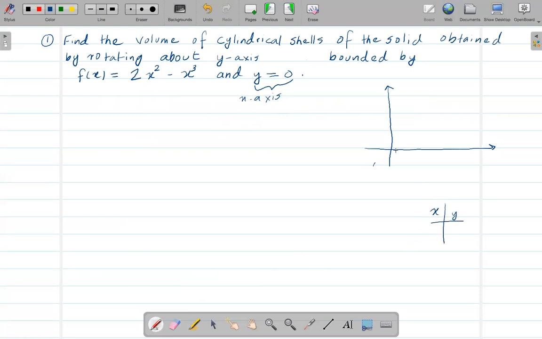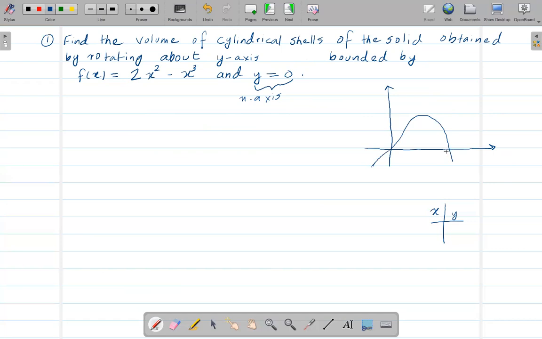Then you can see how the graph is going to behave. So the shape of the graph would look something like this. Now what we need to focus on is this.